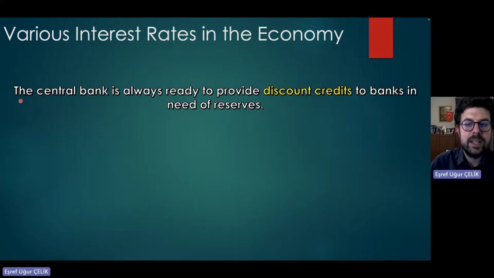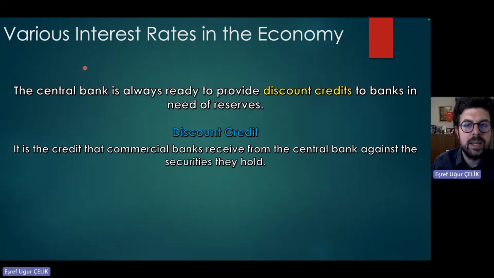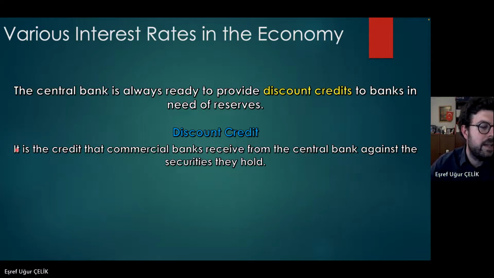In the previous week, I said the central bank gives money to the banks. That is called discount credits. Let's look at the legal definition of discount credit. It is the credit that commercial banks receive from the central bank against the securities they hold.